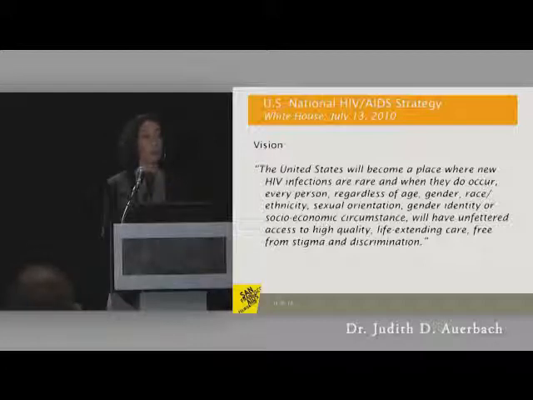This is a pretty profound statement for the United States to even have words like sexual orientation and gender identity and unfettered access while they're busily dismantling healthcare reform, which you all probably find amusing more than anything. It's really disheartening. So we have these visions of the world in which we hope to live and that the plans and the frameworks should actually get us to.